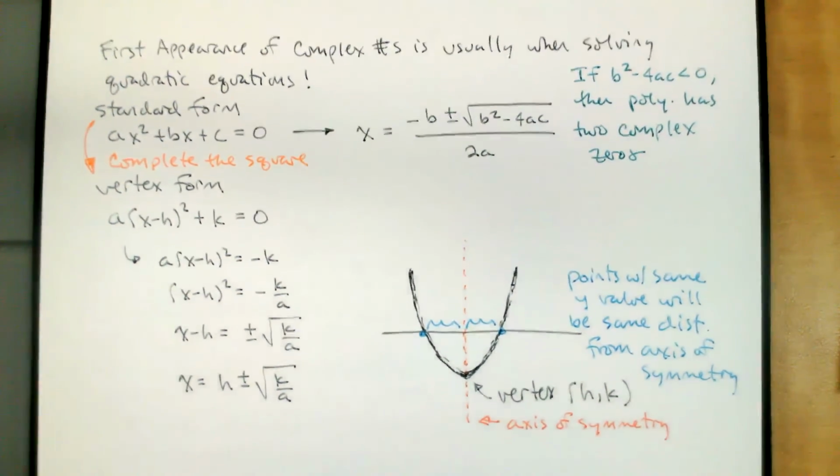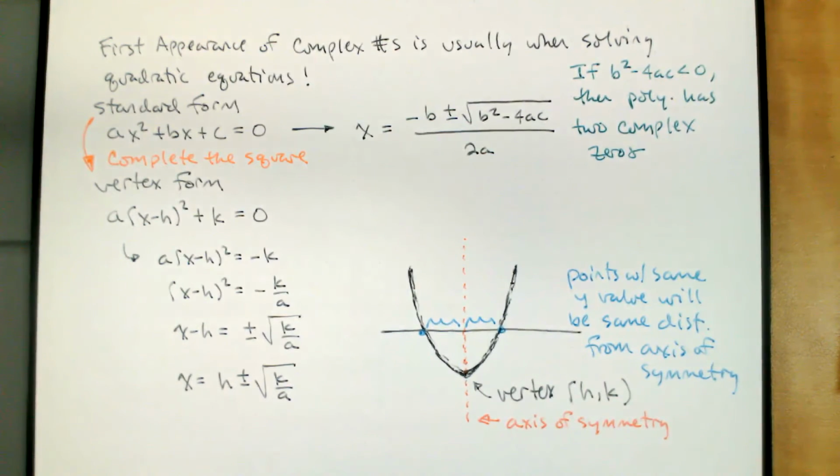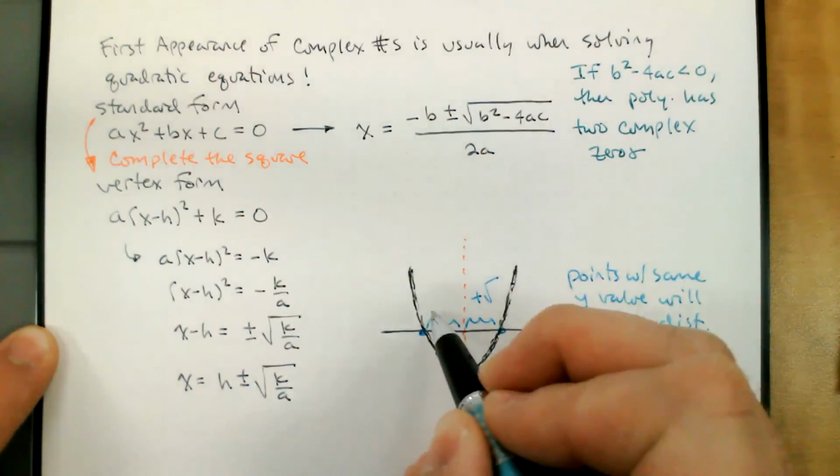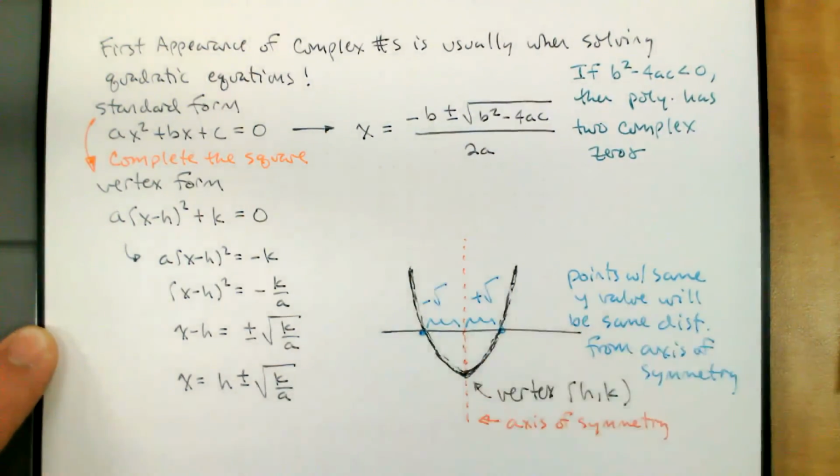That's how this particular symmetry works. Points that are at the same y value are the same distance from the axis of symmetry. One is in the positive direction and one is in the negative direction. There's where the plus or minus shows up. Here's the plus square root, and here is the minus the square root.